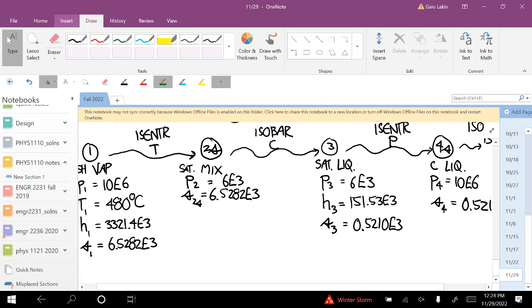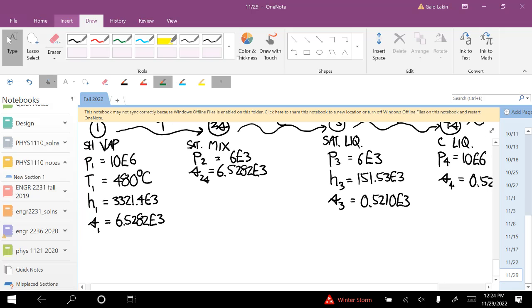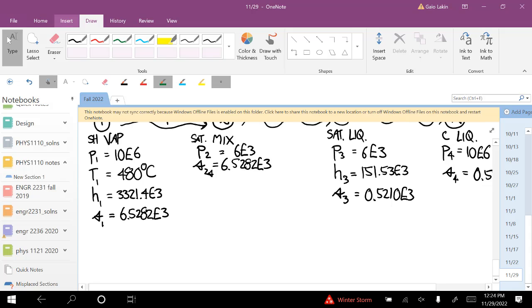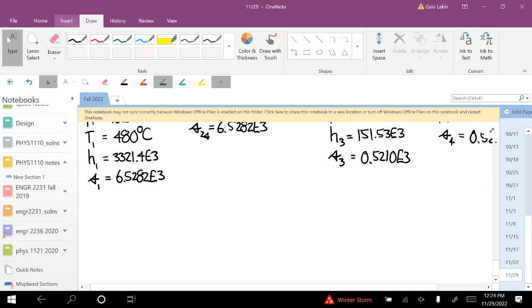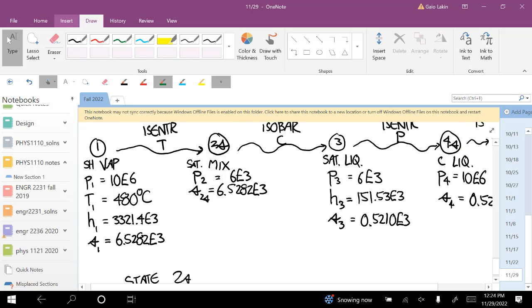All right, so that's everything that we know before we start doing calculations with these values. So I'm going to start with the state 2s. So there's stuff we can figure out from the state 2s. And since this is a saturated mix, we know the pressure.